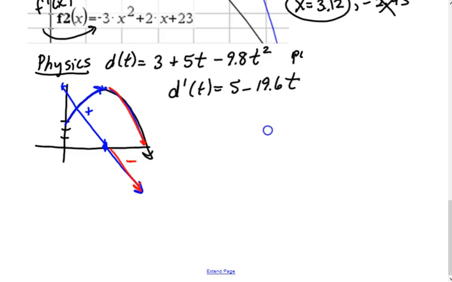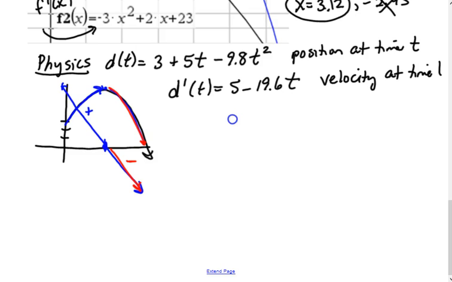This one tells you position at time t. This tells you the rate of change of position over time, and the rate of change of position over time is velocity. So this graph tells you the velocity at time t. This is positive velocity, 0 velocity, negative velocity, because going downward it counts as negative velocity.